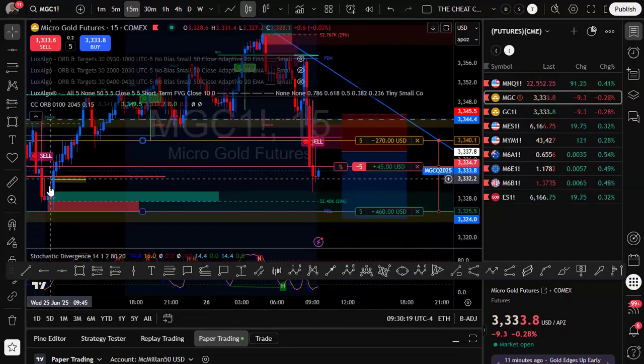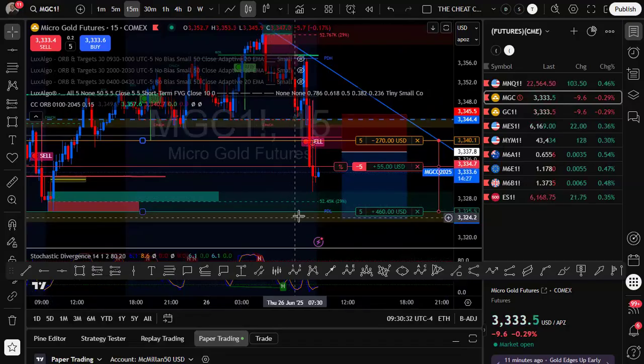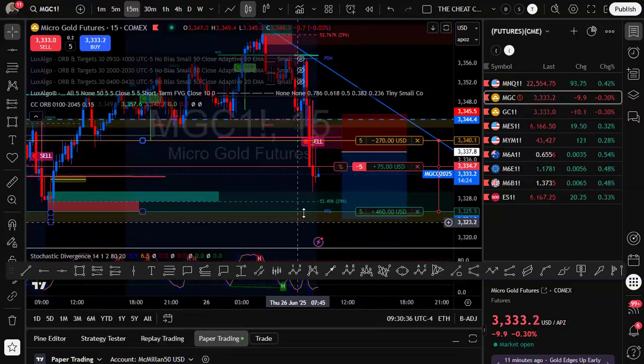Now, price might have wiped out most of this, and it may want to go back up. But for some reason, I still feel like there's still an open gap here. So it might be in their interest to get all this liquidity further down here.